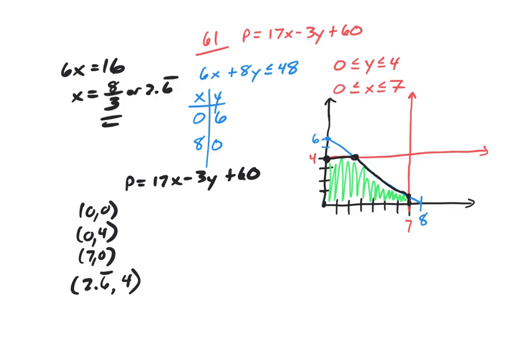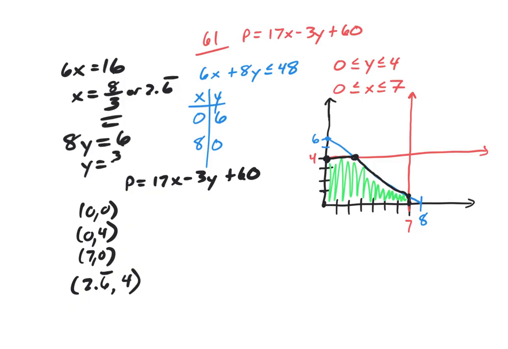Okay, the last point is this one right here. And right here, my x value is 7, right? This is the line x equals 7. So I'm going to take 7, plug it in for x. 6 times 7 is 42. Subtract 42 from both sides. So now I have 8y equals 6.